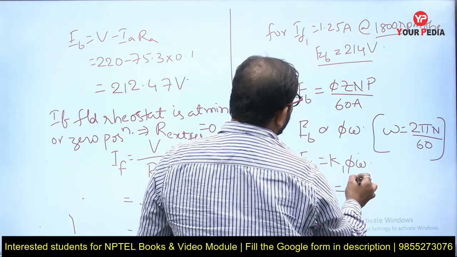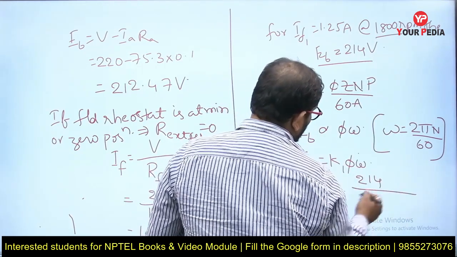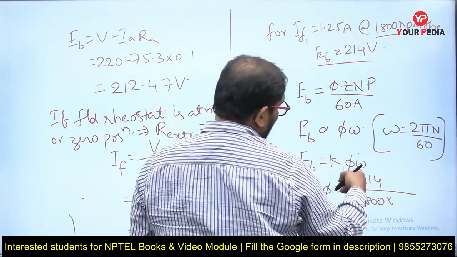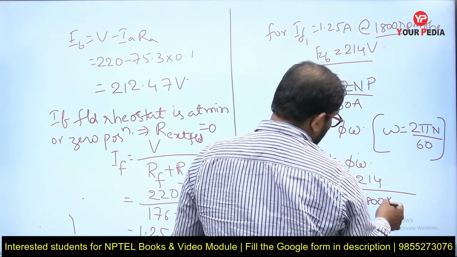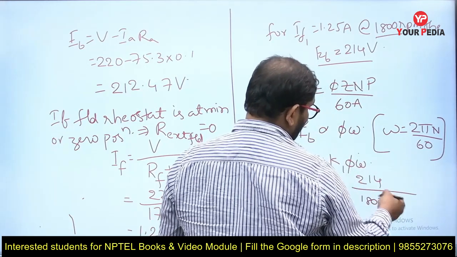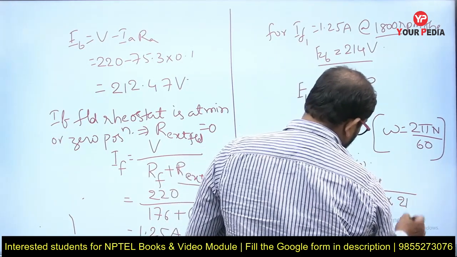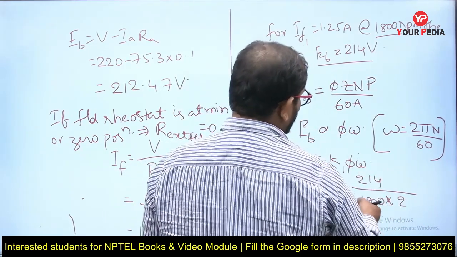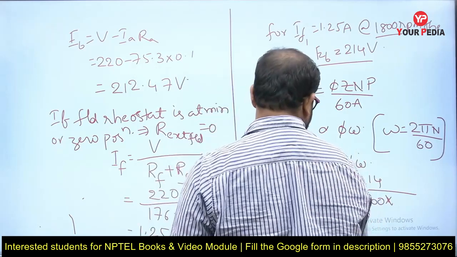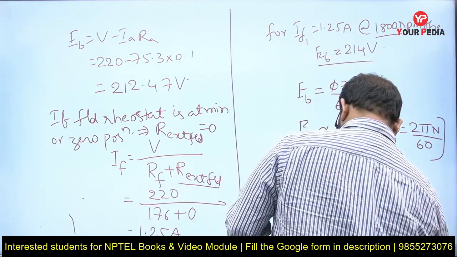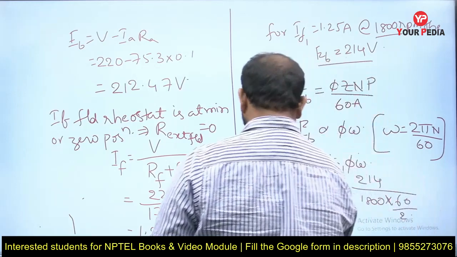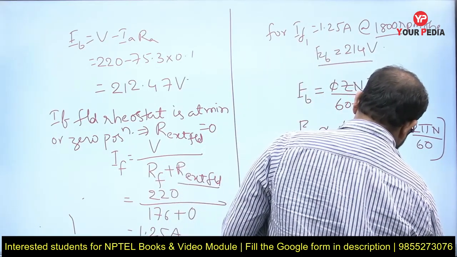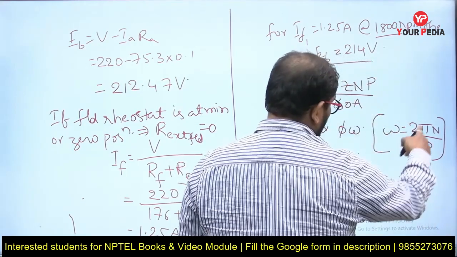So the voltage we have is 214 divided by omega, where the speed of 1800 rpm needs to be converted into radians per second, using 2 pi N by 60.